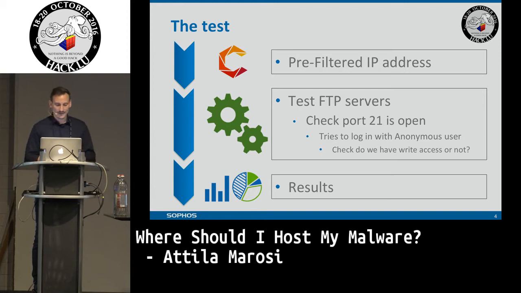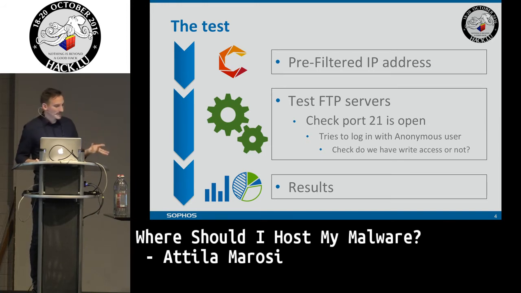In this case, I test the FTP servers to check port 21. Is it open? And try to log in with anonymous users. And if I can, try to write to the disk and test whether we have write access on the disk or not, which is not very good, I think. And then we get the results and analyze them.